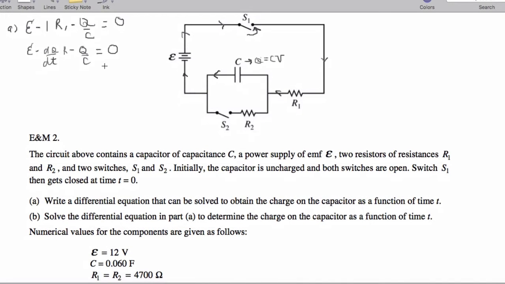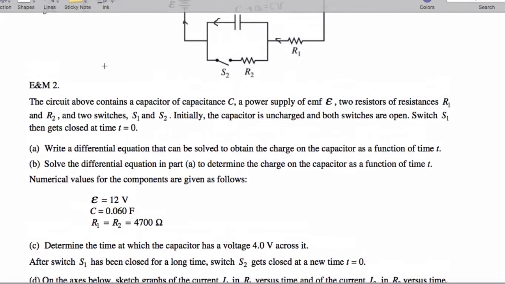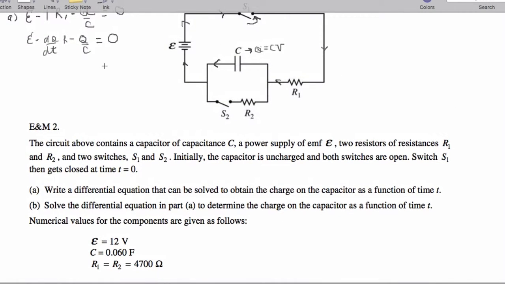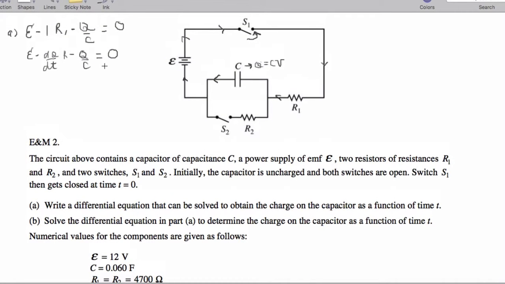Now we're going to solve the differential equation in part A to determine the charge on the capacitor as a function of time, given EMF, C, and R1. I'm going to do this a little bit differently than we did the problems in class, where I'm actually going to use the variables. So if you look at the previous video where I solved the differential equation, here I'm going to do it with pure letters, keeping track of what's constant.